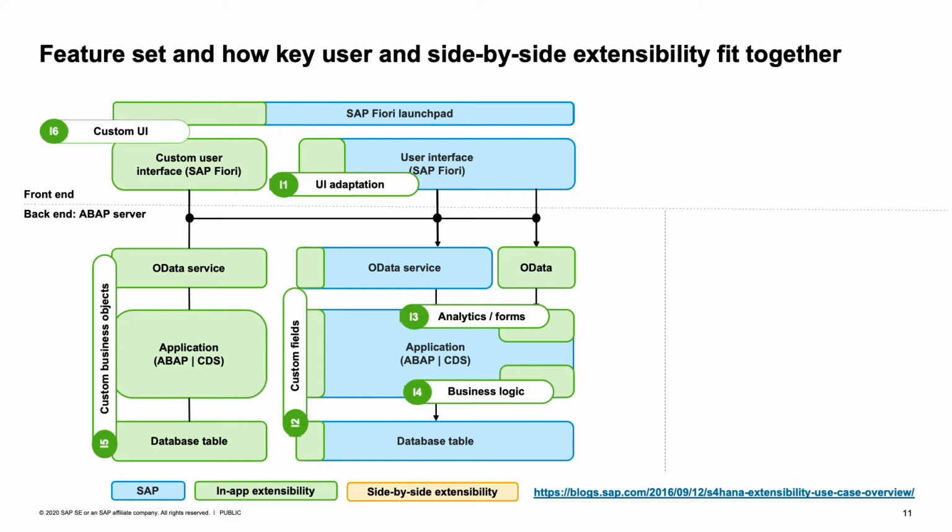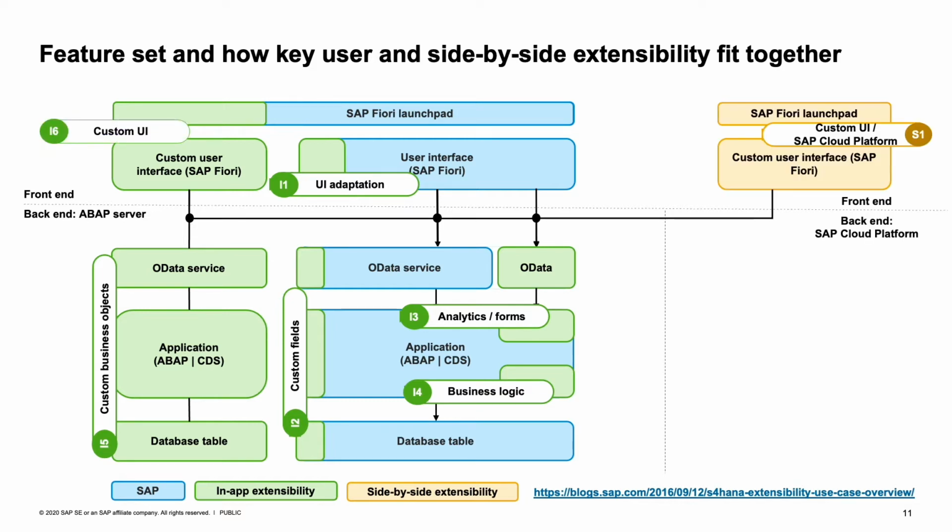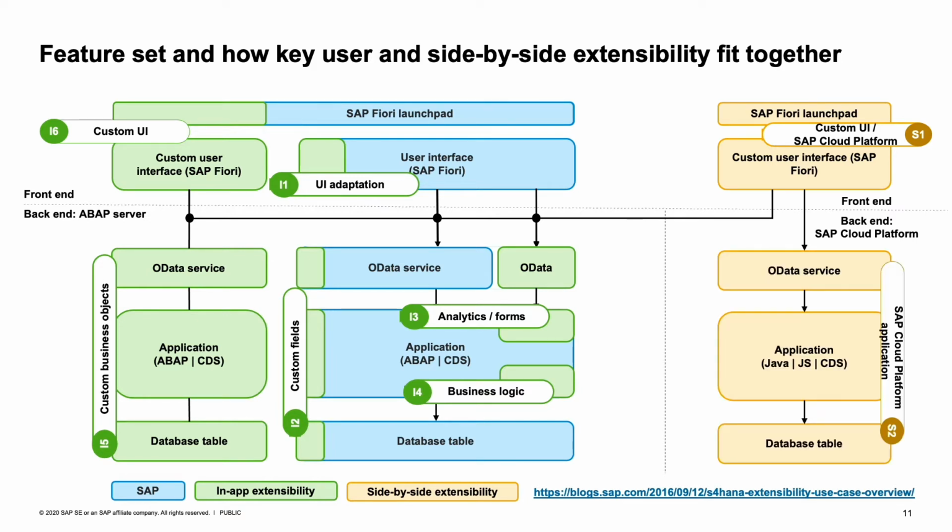And now we come to the question how both interact and come together. So first of all, in SAP Cloud Platform, you can build your UI completely different from the standard UI, as innovative as one can think of, and consume the OData services from the standard and also the custom OData services. But also in this app UI, you can consume your own application you created in SAP Cloud Platform, maybe with the Cloud Application Programming Model.